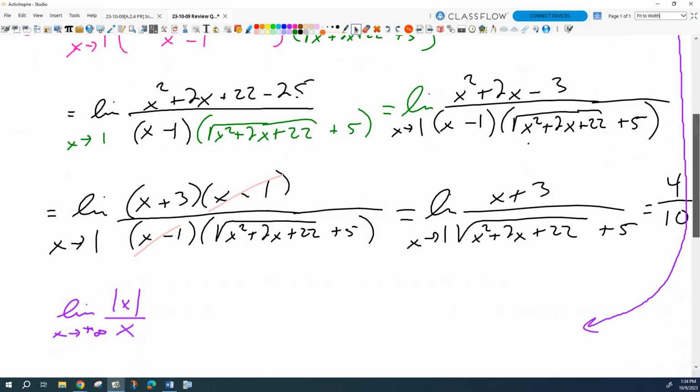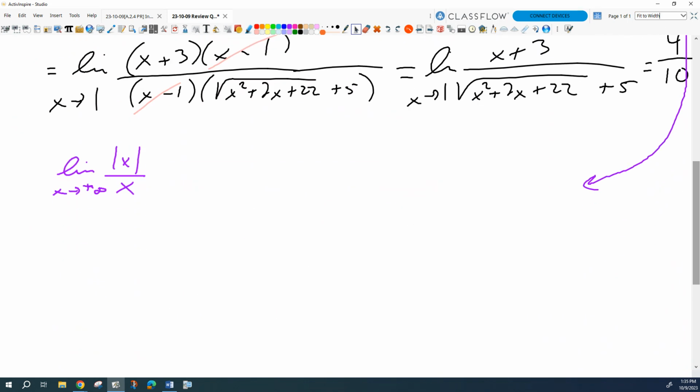It's not worth it. Okay, so if we're approaching positive infinity, what is the absolute value of x equal to as I approach positive infinity? Those are positive values, right? So what's the absolute value of x equal to for positive values of x?